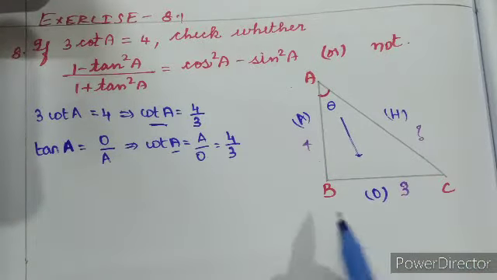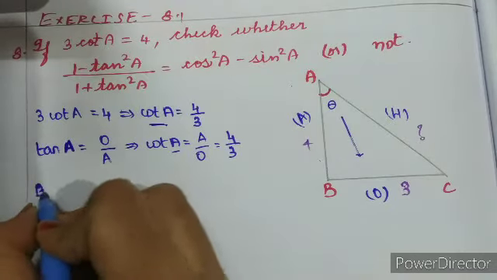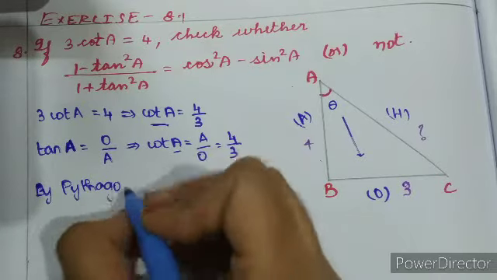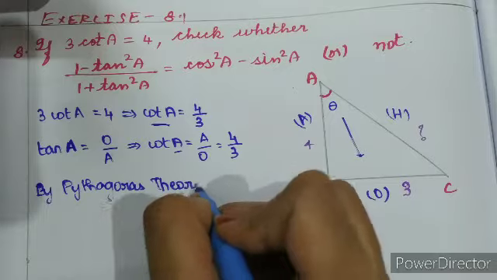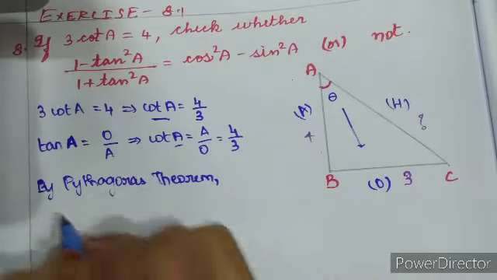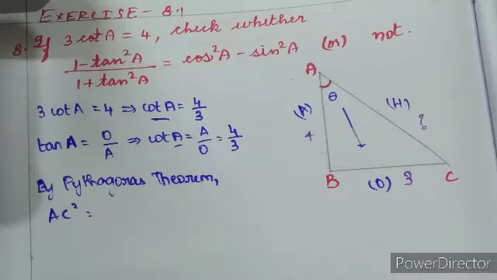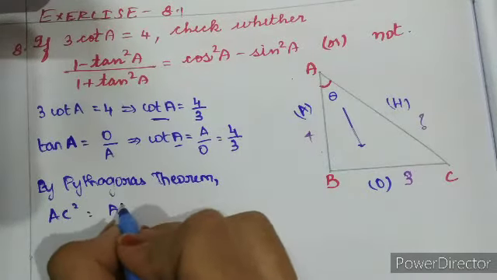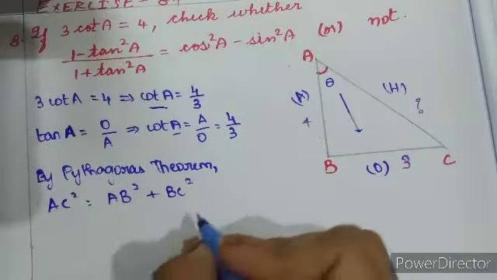When we have the length of two sides, we can easily find the length of the third side by Pythagoras theorem. So we know that hypotenuse square is equal to the sum of squares of the other two sides. So AC square is equal to AB square plus BC square.